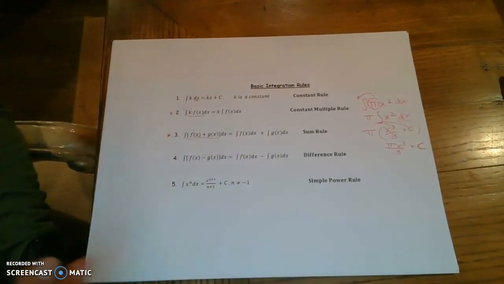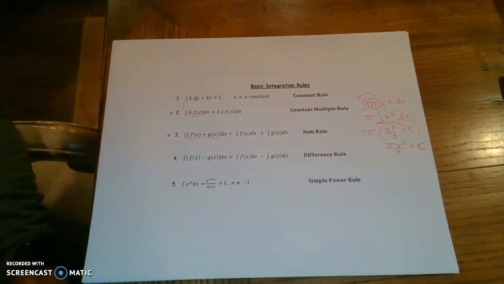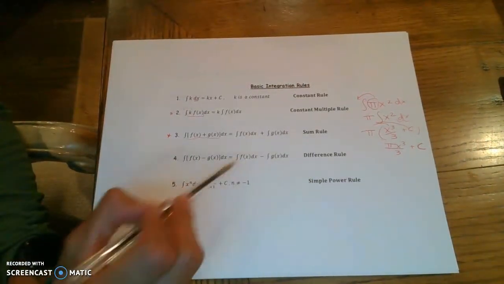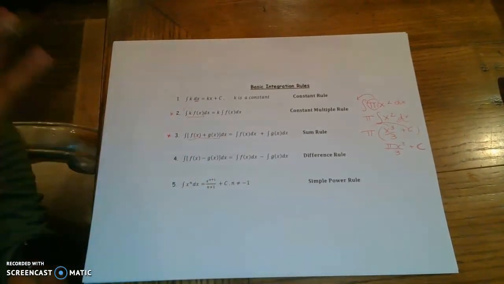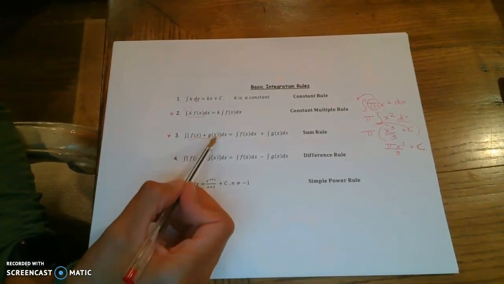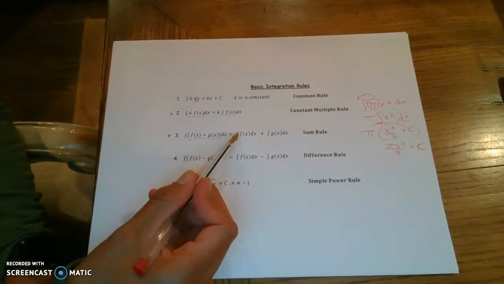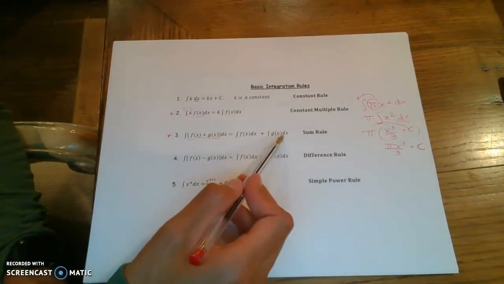Integration's nothing like derivatives. There's no such thing as power rule, quotient rule, product rule, chain rule. When we're dealing with integration, it's either the simple power rule, what I call basic integration, or U substitution. That's it. So if you find that one of your terms has a special rule to integrate, you will be able to split up and just integrate the first term on its own and integrate the second.